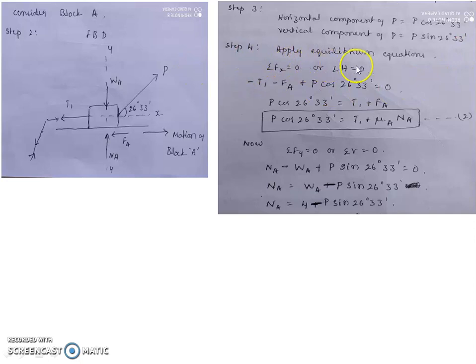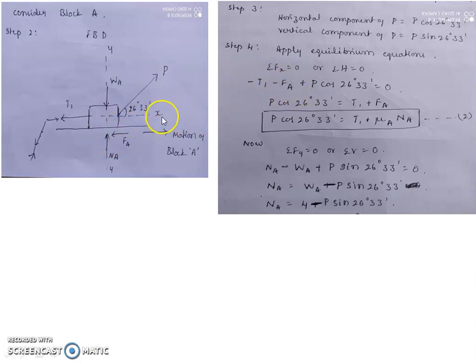Next I will apply equilibrium equations, that is forces in x direction equal to 0, or horizontal forces equal to 0. What are the horizontal forces acting here? One is tension towards the left side, hence it is minus T1, and friction FA is also acting towards the left side, hence it is also minus FA.